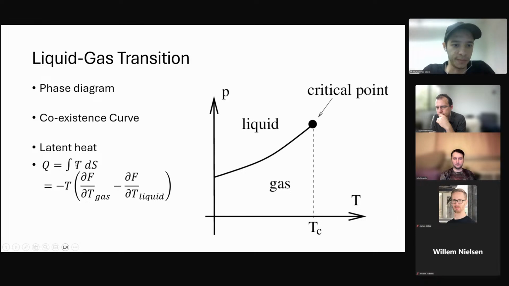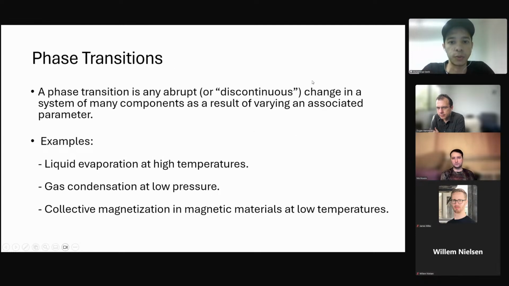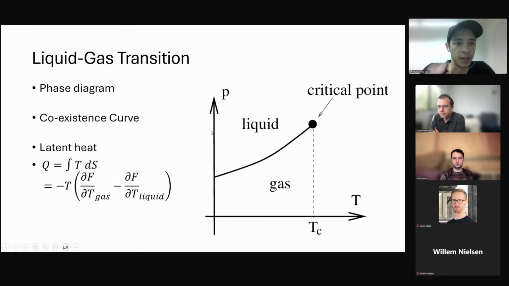If one works out all the math, you find that the free energy of the system undergoes a discontinuity. This is the discontinuity that we talked about, the abrupt change of the system. Here we describe this discontinuity by the discontinuity in the Helmholtz free energy. Does this make sense? So you're integrating over entropy, that's what the dS was.